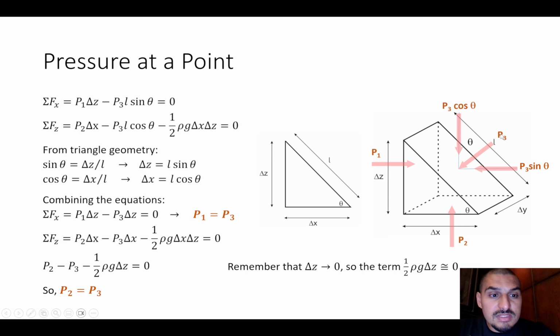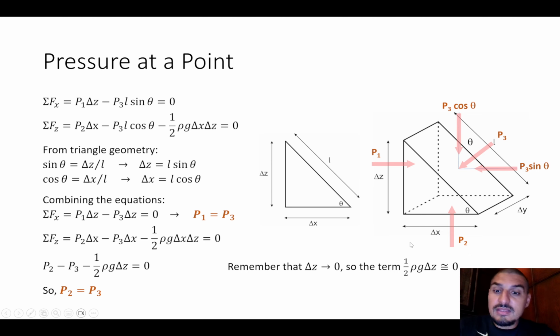But when we use this inclined surface, we have the same pressure P3 in the horizontal equation and in the vertical equation. Now we can get a relation between P1, P3 and P2, P3, so we can get a relation between all the pressures in the different directions.